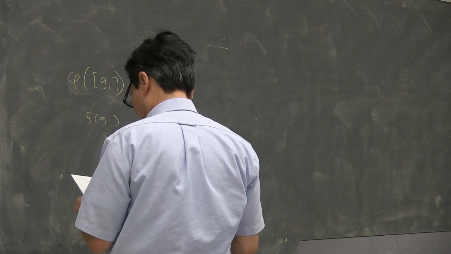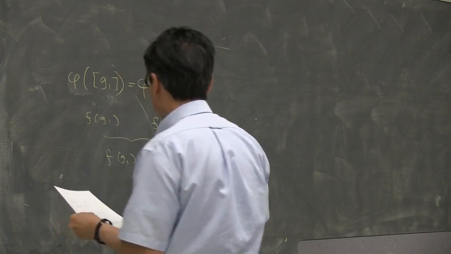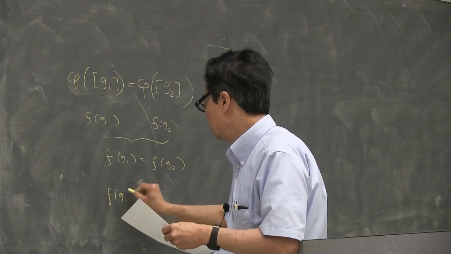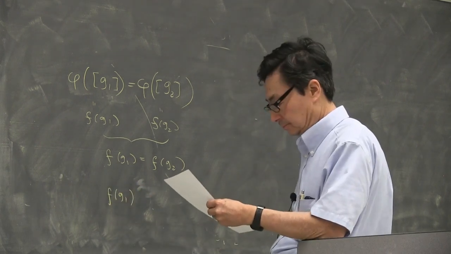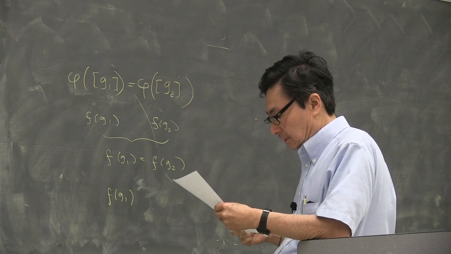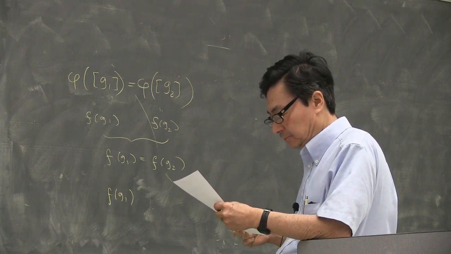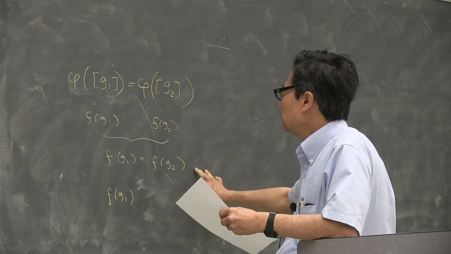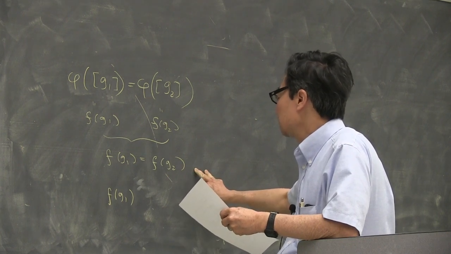And so this means f of G1 times, if you multiply by f of G2 inverse on the right-hand side, let's say, okay?